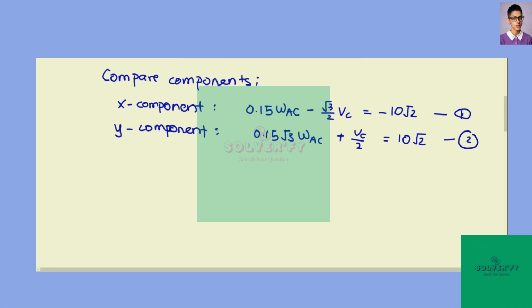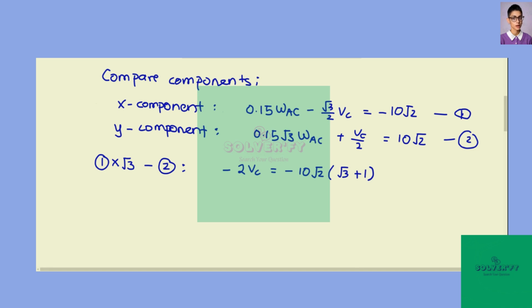Since we only need VC, I'm going to eliminate omega AC. So we are going to have 1 times root 3 minus equation 2. The term with omega AC cancels out, so we have minus 2 VC equals to minus 10 root 2 root 3 plus 1.